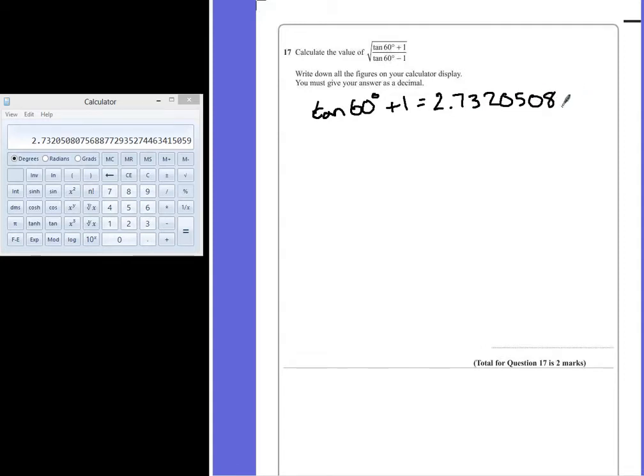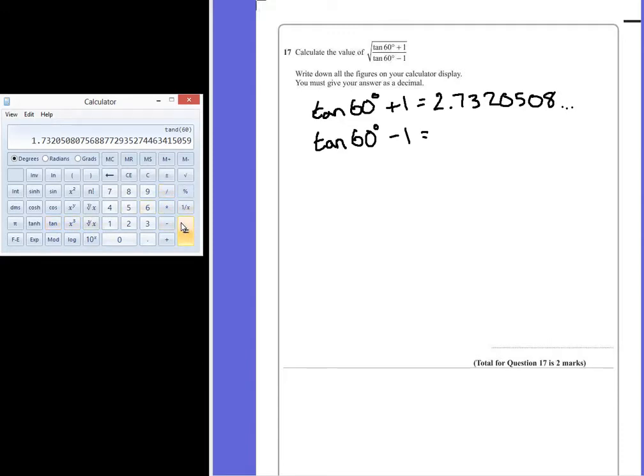At this point, this will keep going. Your calculators are probably slightly less accurate than this one, but it's a good idea just to write it down. To work out what the tangent of 60 degrees subtract 1 is equal to, we do the same thing. Work out what the tangent of 60 is first.